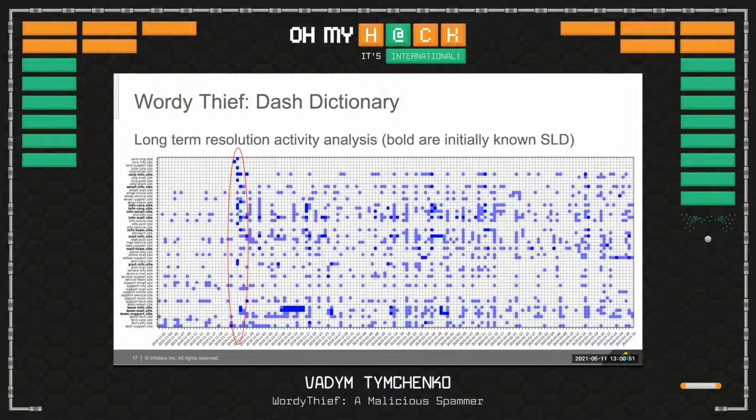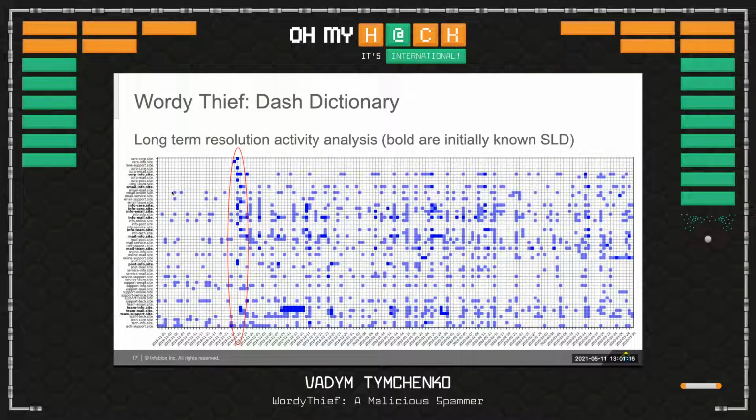This plot represents activity associated with these 55 domains observed starting from November 2019 until the end of March 2020. In bold characters, we show domains that we had in our original list.